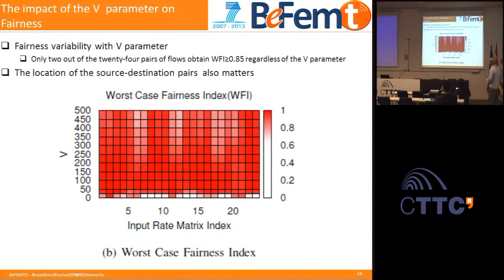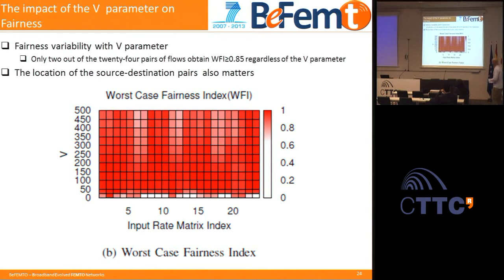So in terms of fairness, what we plot over the x-axis were the 24 different experiments in terms of injection of data flows, and we wanted to see the evolution with the V parameter. As we can see here, two factors affect the fairness that we can get between the two flows injected into the backhaul.